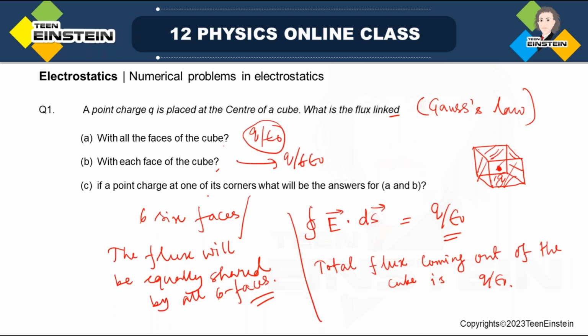Now if the point charge is at one of its corners, what will be the answer for parts A and B? See, what is the question?